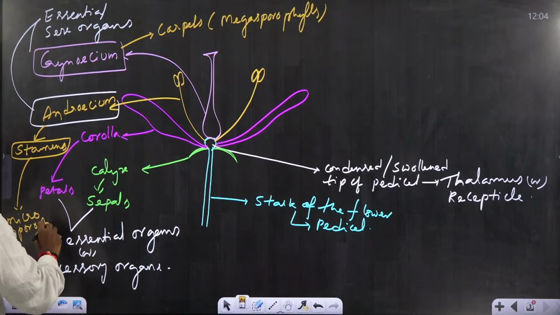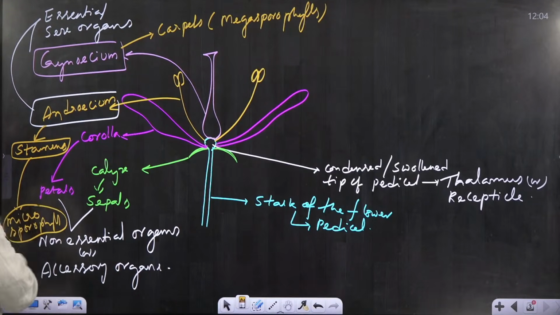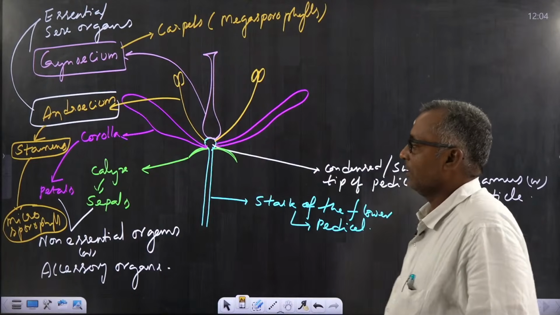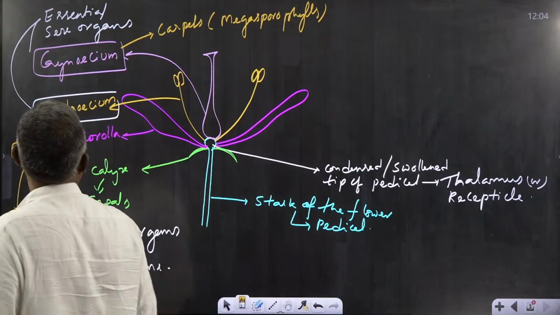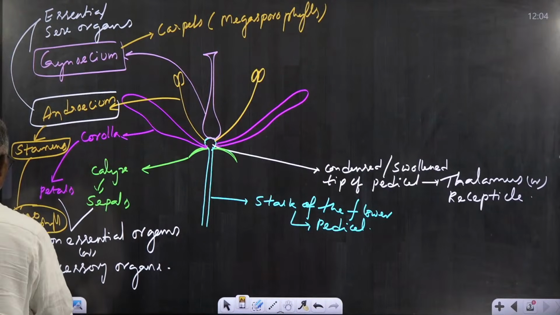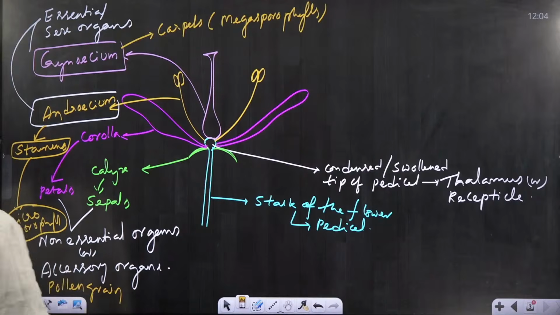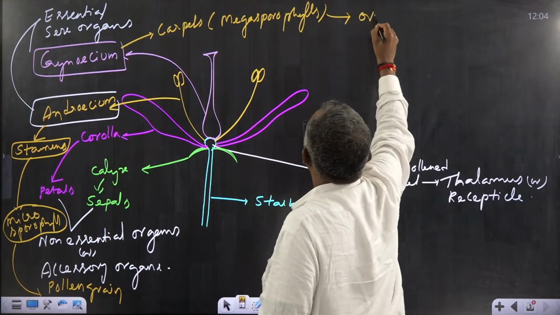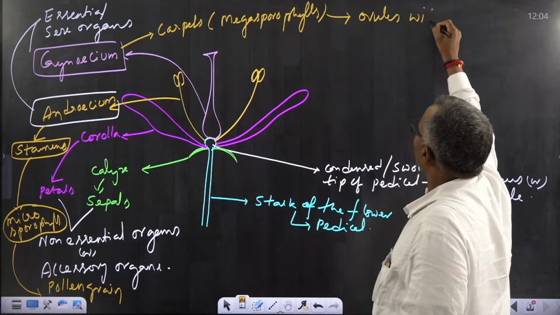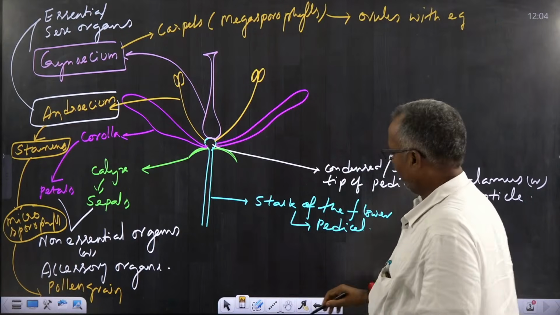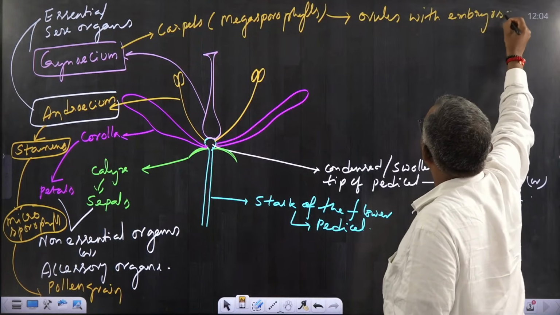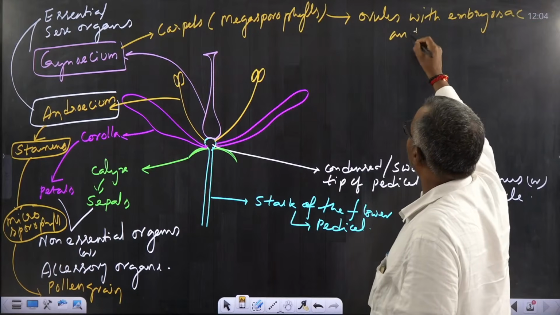The stamens produce pollen grains. And the carpel contains ovules with embryo sac and egg.